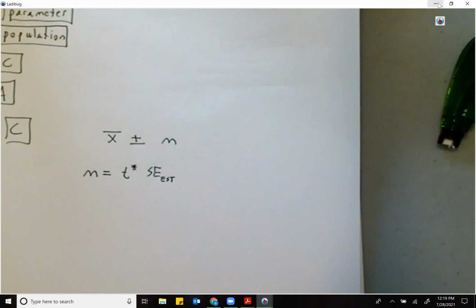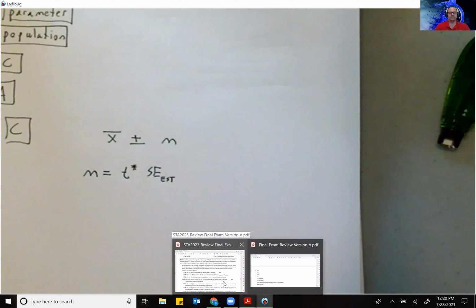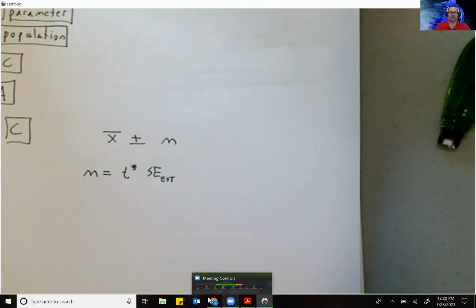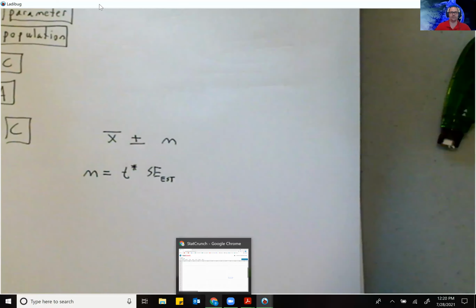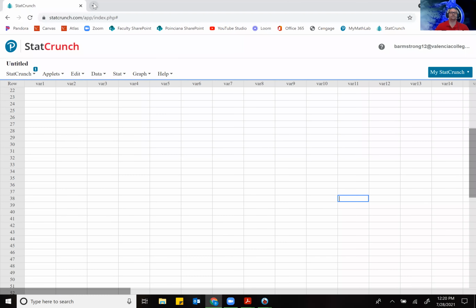Professor, just to be sure, this we could do on StatCrunch, right? I think we can, but let's just do it by hand real quick, and then we'll explore StatCrunch. I'm pretty sure we can do this in StatCrunch, but off the top of my head, with this one they are really giving us everything that we need. And I think in the homework it said that we have to do it with technology?